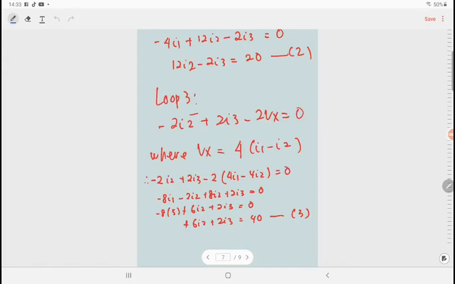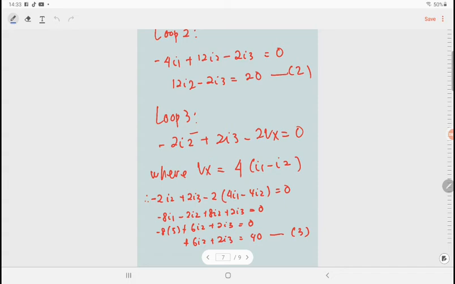At loop 2, you got this equation: negative 4I1 plus 12I2 minus 2I3 equal to 0. Elaborating this equation, you got 12I2 minus 2I3 equal to 20, because we know that I1 equal to 5 ampere. We substitute this in here, and that's why you got this equation.